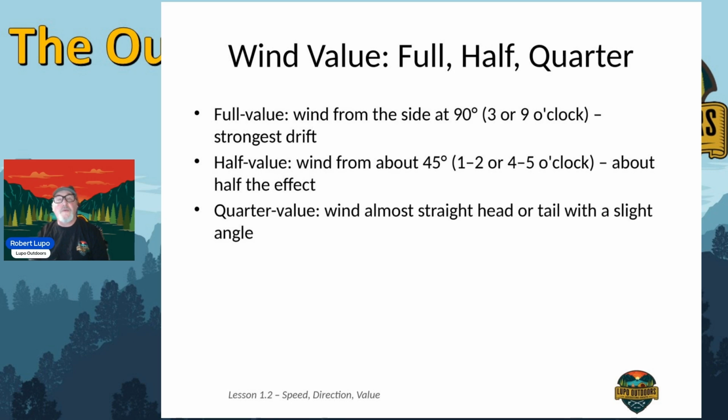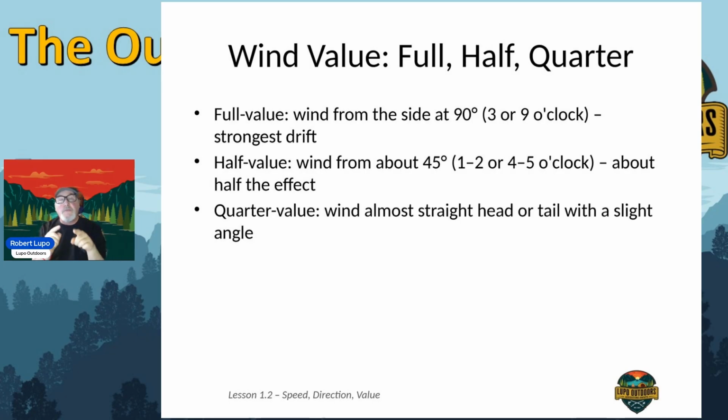Here's a really important concept: wind value. Not every wind hits the bullet with full strength. If the wind is coming straight from the side at a 90-degree angle, like 3 o'clock and 9 o'clock, that's full value. It has the most power to push your bullet. If the wind is coming at a 45-degree angle, like 1 and 2 o'clock or 4 and 5 o'clock, that's about half value.